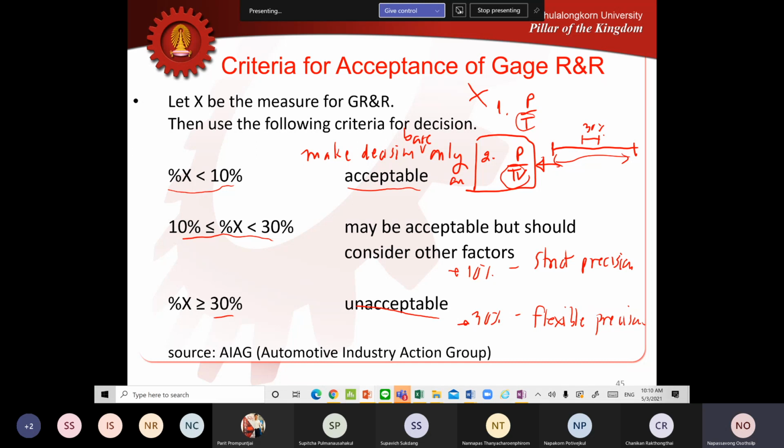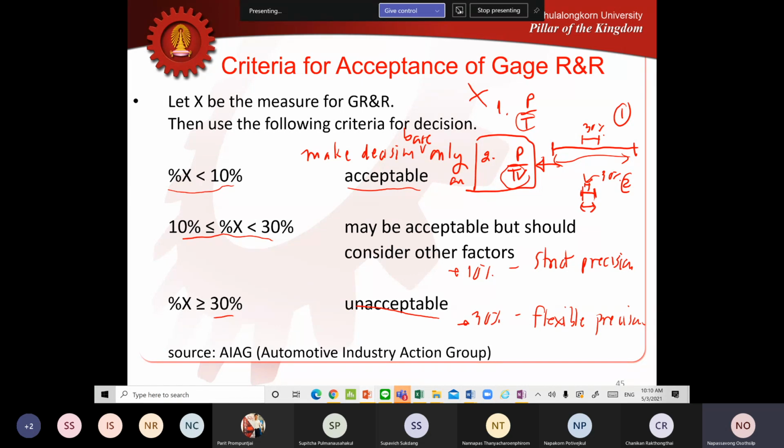And if our parts have this much variation, we have a good Cp value. For example, if our variation of the part is small, it's really important: if we want to distinguish the parts within this range, it's necessary for us to have the variation of the gauge smaller than in the first situation. That means this amount should be less than 30% of sigma total.